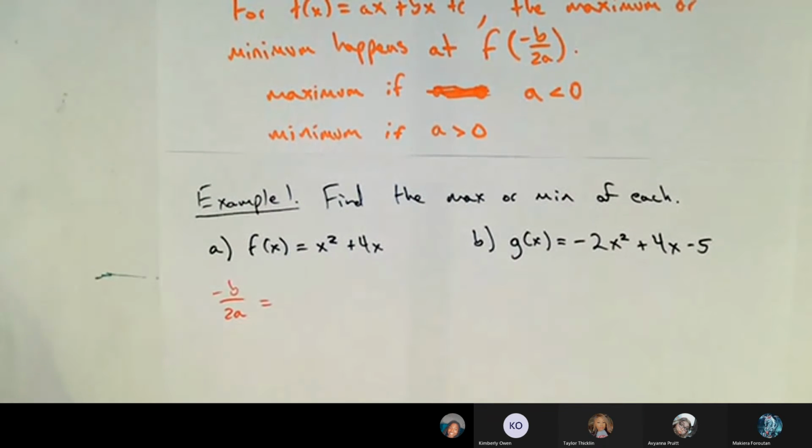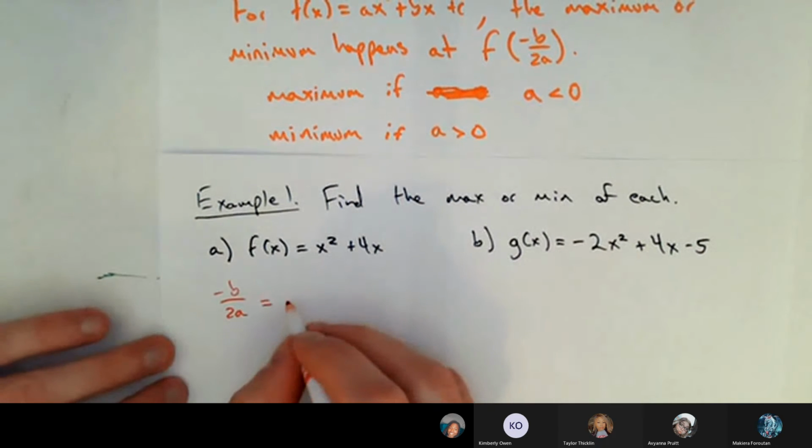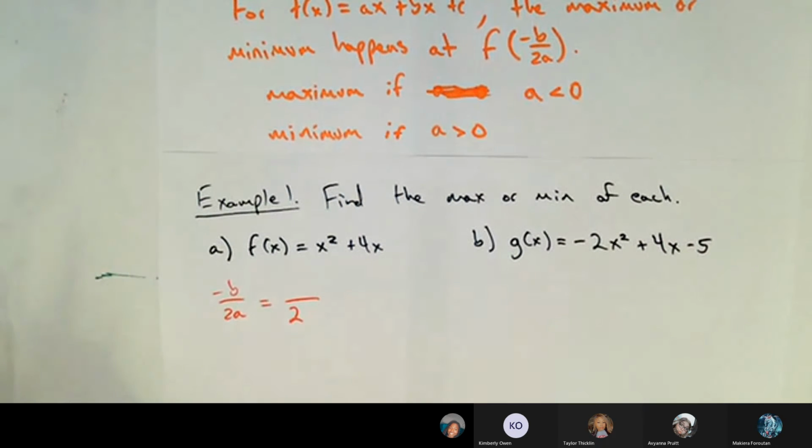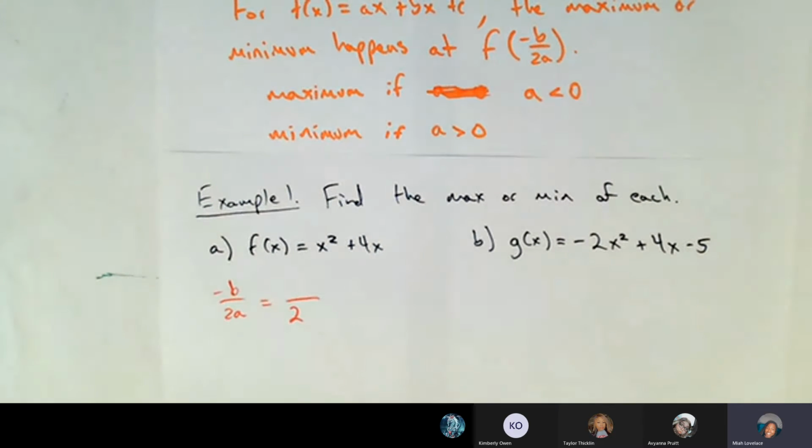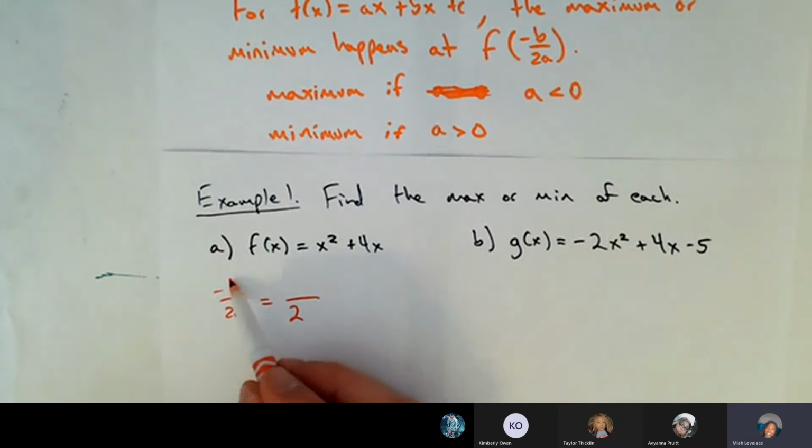Well, what is b here, and what is a? So let's see, Maya, what would the value b be in this case? What value is b in this?